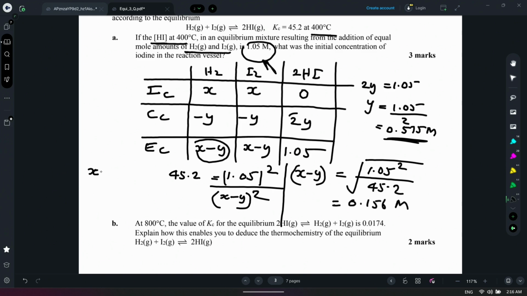X minus y is equal to 0.156, so x is equal to 0.156 plus the y value, which is 0.525. Let me check. Oh, my mistake, it is 0.525, not 0.575.